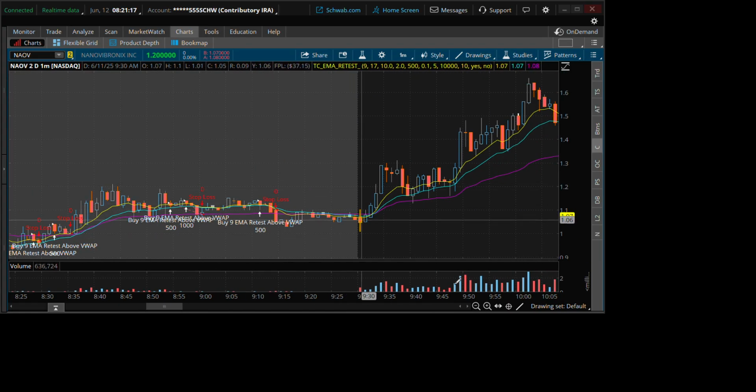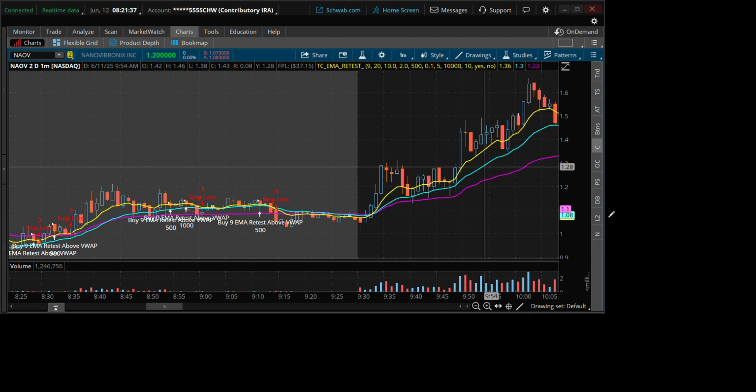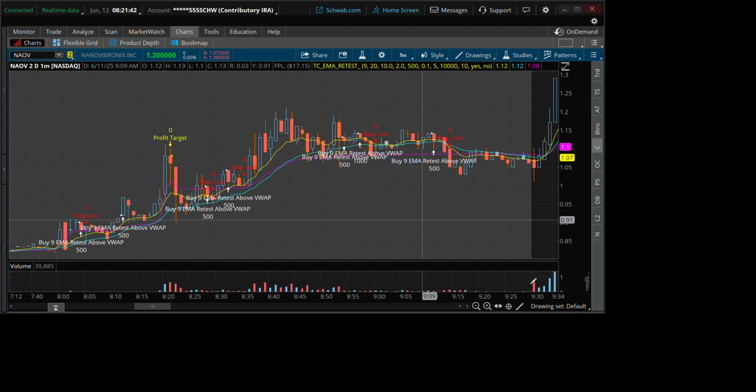So anyway, this is the 9 EMA retest, or your EMA retest. I want to show you guys too that you can pretty much change your lengths to whatever you want. So if you want 9 and 20, it'll change it for you. So this is your 9, the yellow, the blue is your 20, the magenta here is your VWAP. So the more you move around your EMAs, the more or fewer trades it'll take.